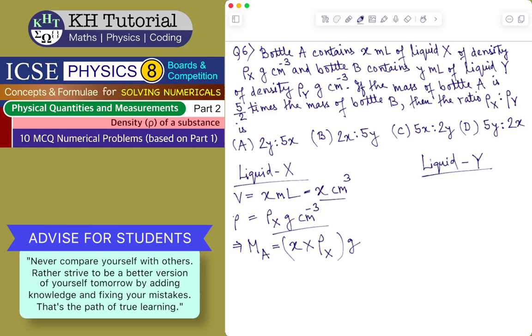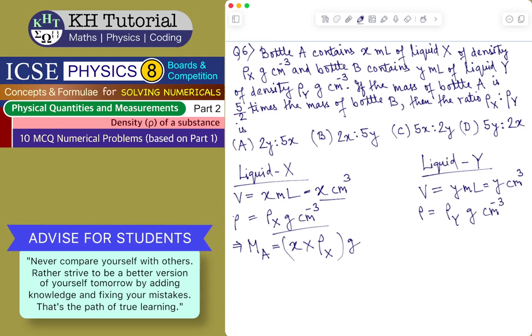Now let's see for liquid Y. Similarly, for liquid Y, the volume is given to be Y ml, which is equal to Y centimeter cube. 1 ml is equal to 1 centimeter cube, and the density is given to be rho Y, gram per centimeter cube.